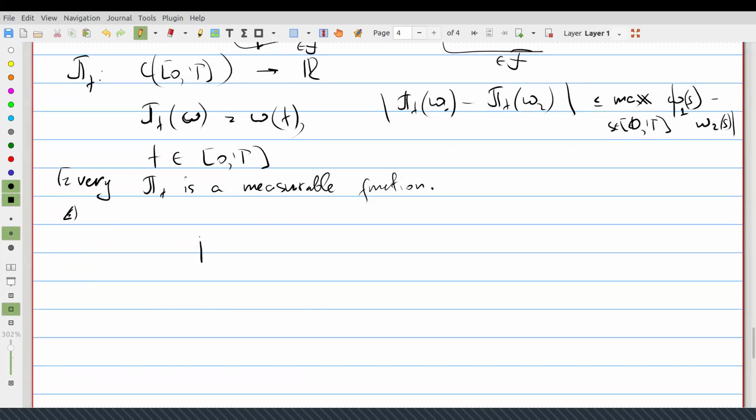Now we can define our Wiener measure as the push forward of the original probability under the action of this mapping.